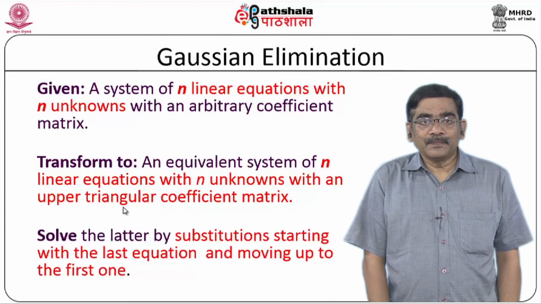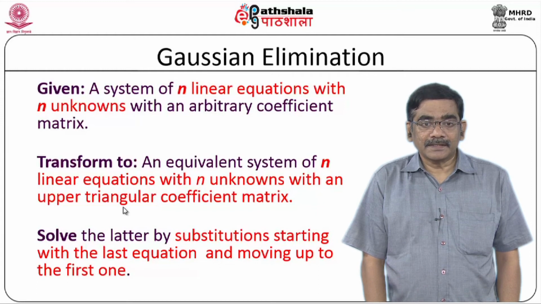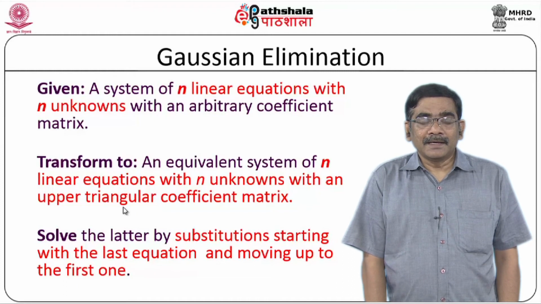And once we have the upper triangular coefficient matrix, we can use back substitution starting from the last equation and moving to the first one, and we can find the unknowns. So, in this particular manner, the system of n linear equations with n unknowns can be easily solved.